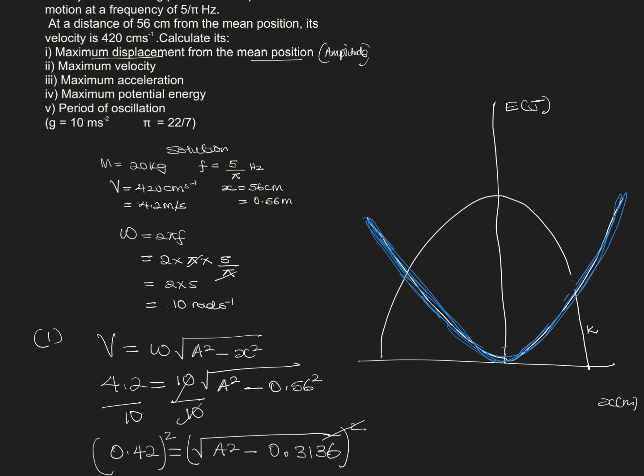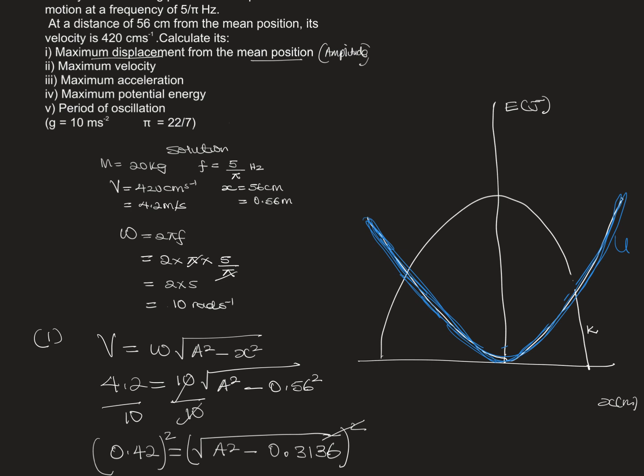Okay, kinetic energy is the curve that I represent with white, and that is the potential energy U. We say the maximum kinetic energy.